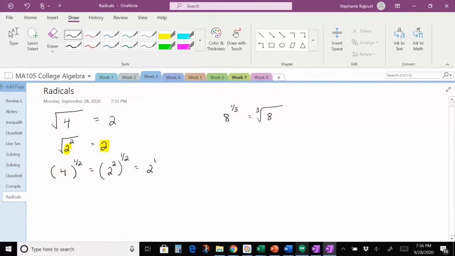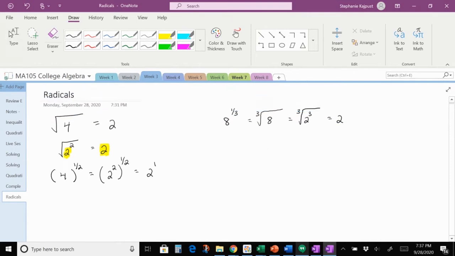So whatever the denominator is tells you the index on the radical. And so you want to rewrite the number inside as some exponent of 3 so that you can simplify it. So 8 is actually equal to 2 cubed. So a cube root cancels out a cube, and it gives you the answer of 2 in this case.